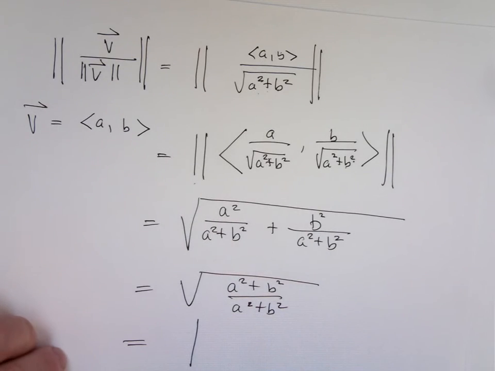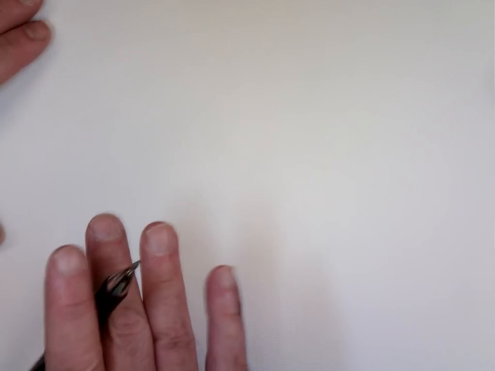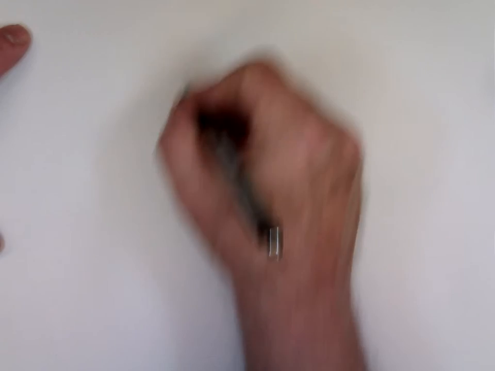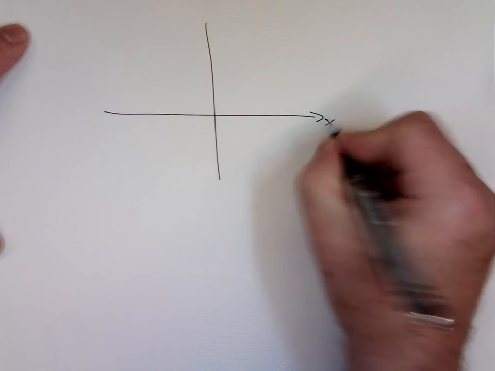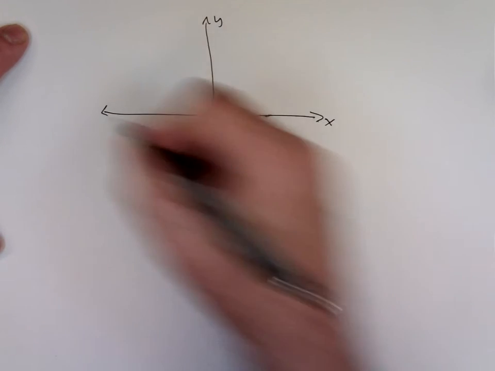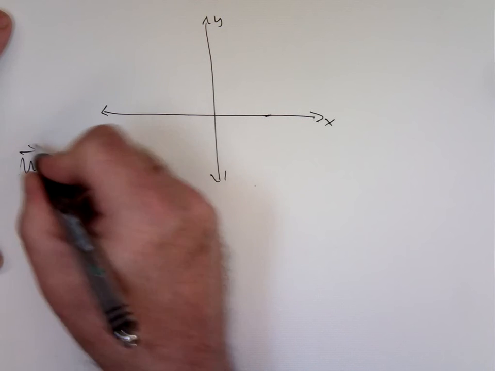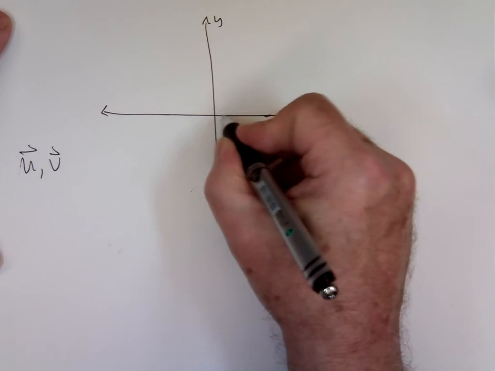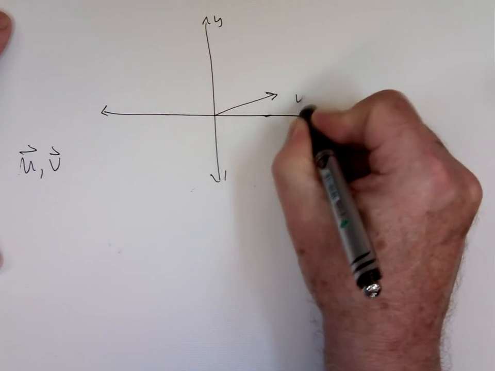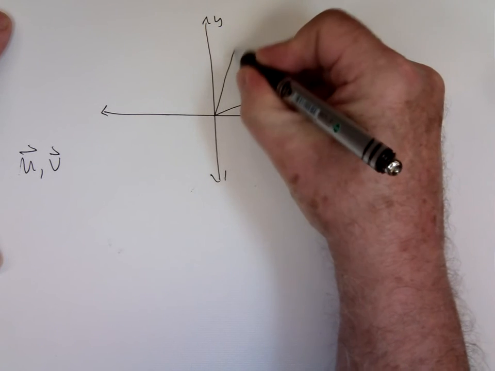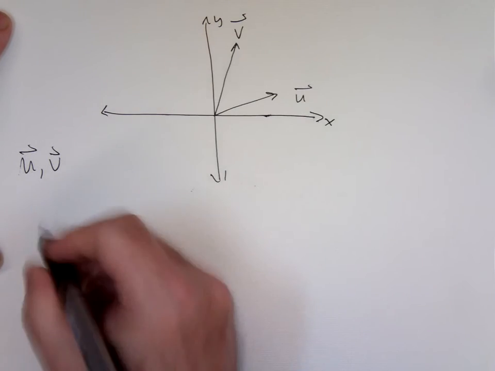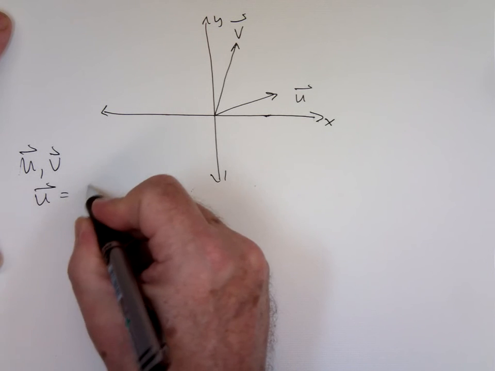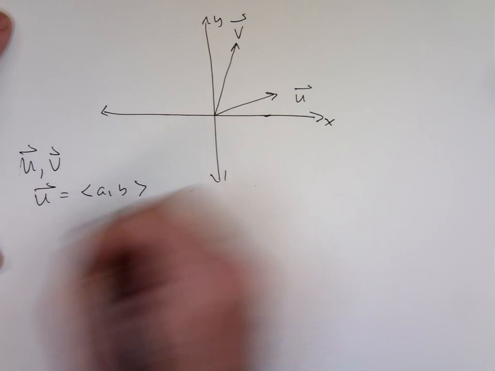There's a lot more we have to do with vectors. Let's add two vectors. I'll do a couple. I just want to get through the first section here. Let's suppose we have vector u and vector v. Here's u and here's v. Let's suppose vector u is equal to (a, b) and vector v is equal to (c, d).